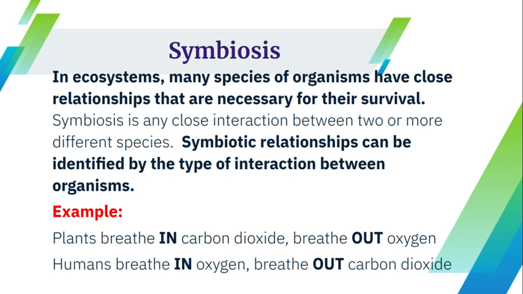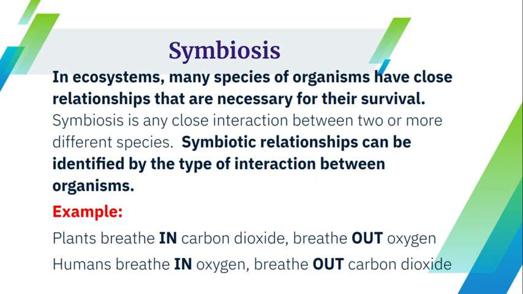Symbiosis. In ecosystems, many species of an organism have close relationships that are necessary for their survival. Symbiosis is any close interaction between two or more different species. Symbiotic relationships can be identified by the type of interaction between organisms.